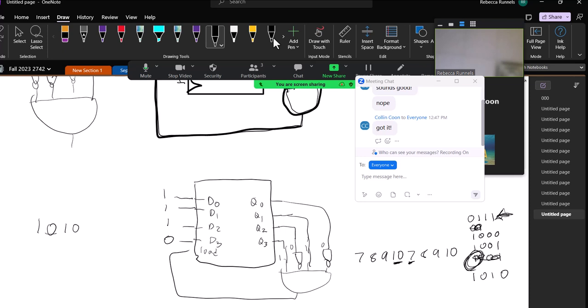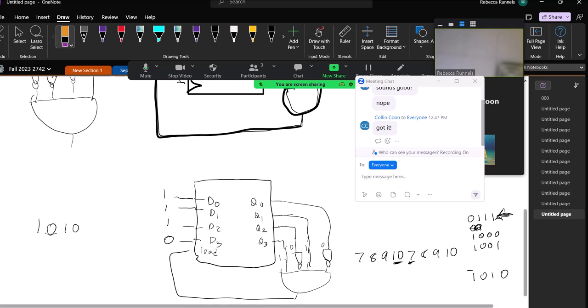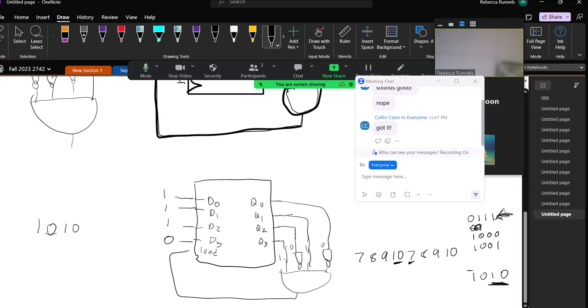I could detect any 2 of these that don't show up in a smaller number in between. For instance, the first time I get both a 1 and a 0, that would do it, or the first time I get 0 1 right here. Those would just be shorter ways to get to it.